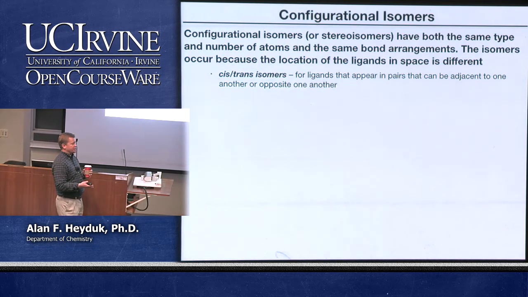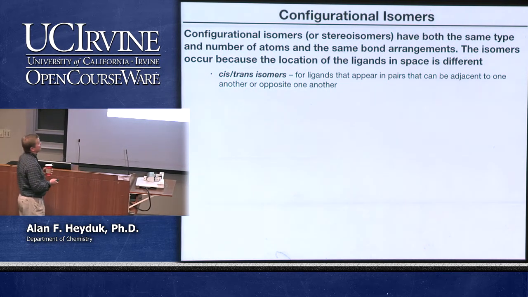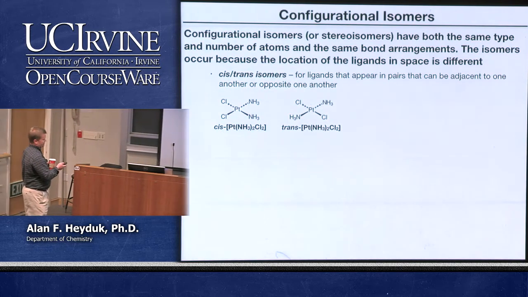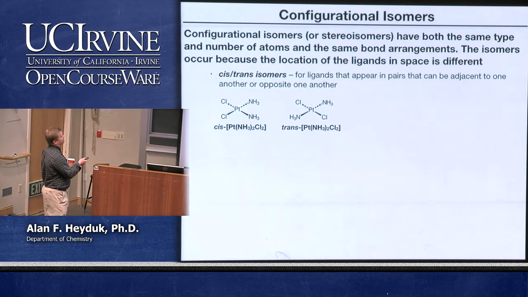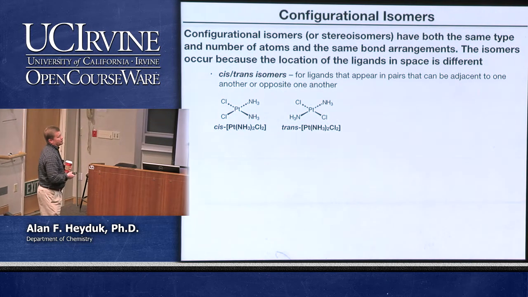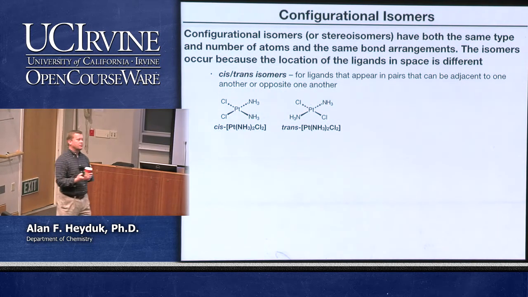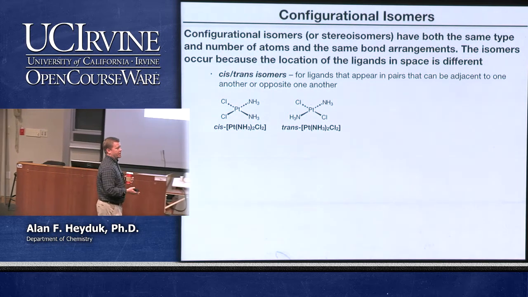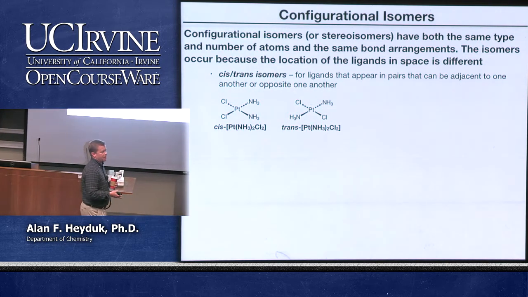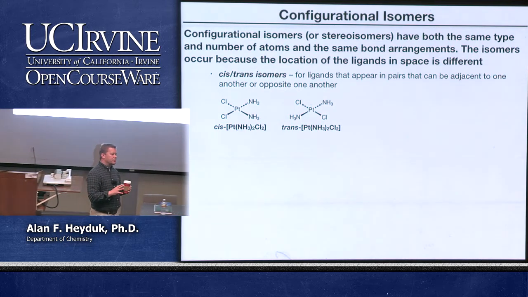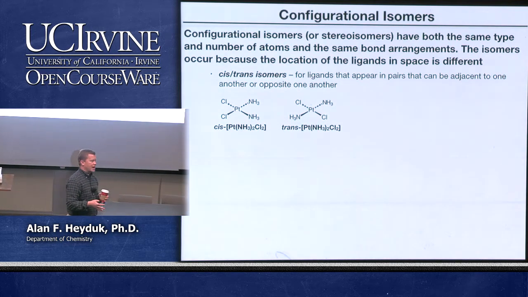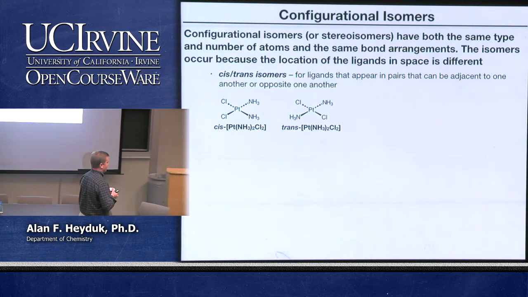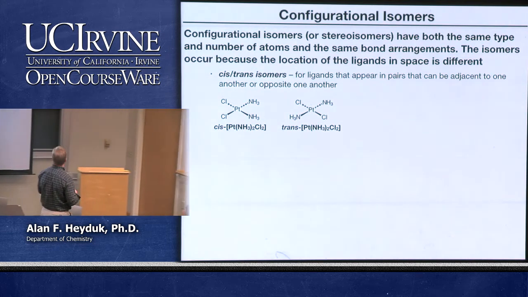These are configurational isomers. And as we've seen, it's when you have pairs of ligands and they can appear either next to each other or across from each other. Cis and trans can only occur really in square planar complexes and octahedral complexes. Some people will say it can happen in trigonal bipyramidal, but we'll see later on why that isn't really of concern.